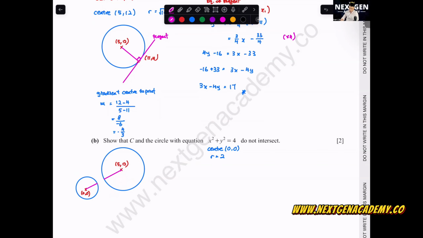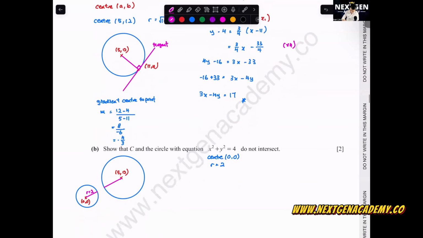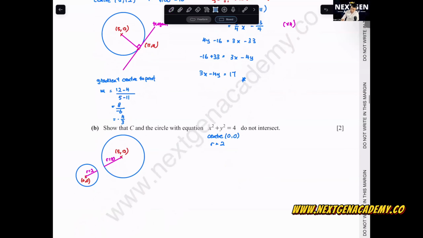Number one, we find the distance between the centers. We also know that this radius is 2, and the radius above is 10. So first, we find this length.